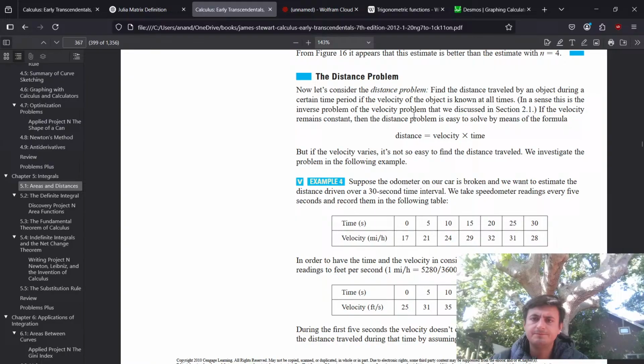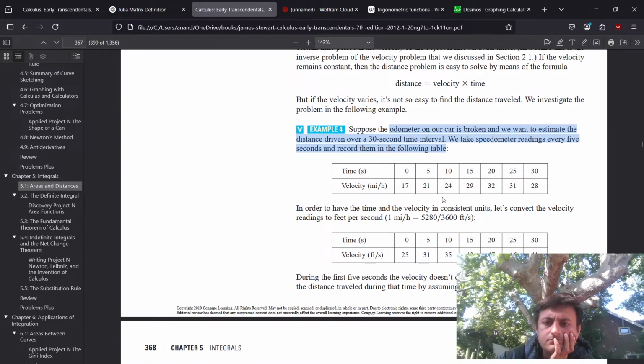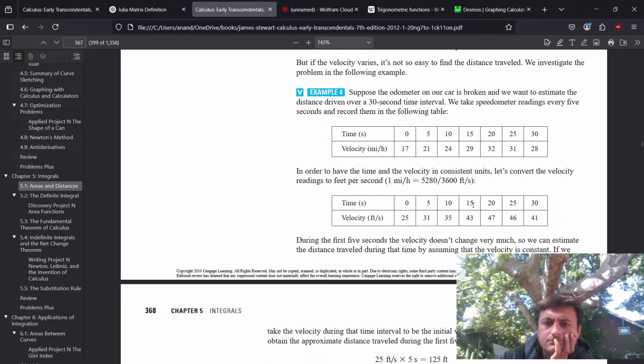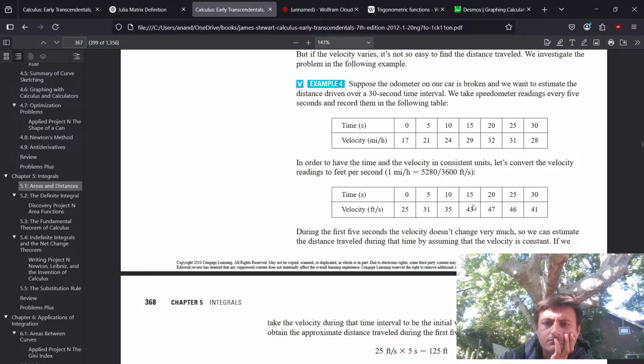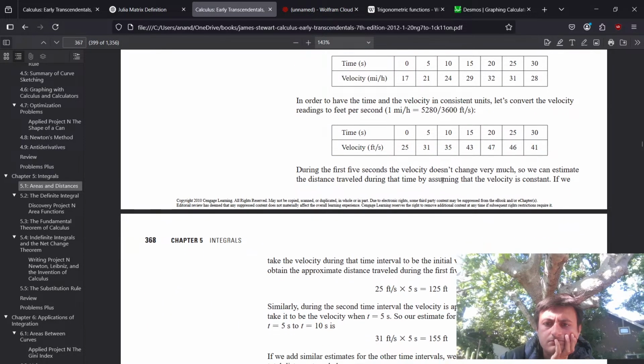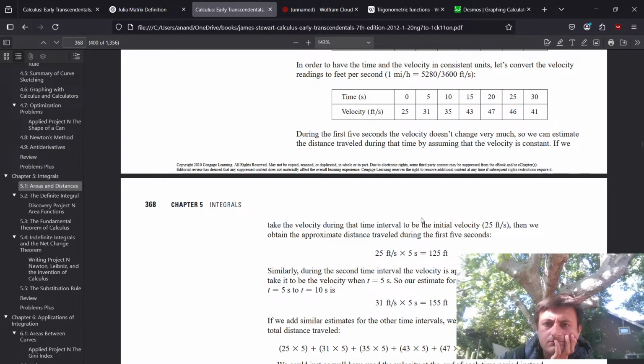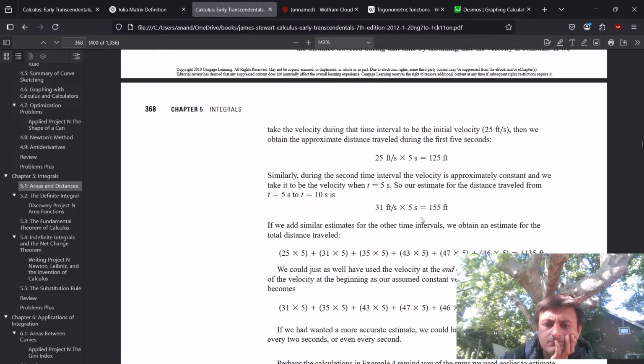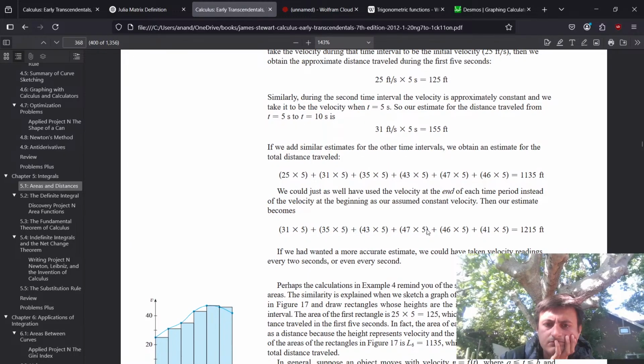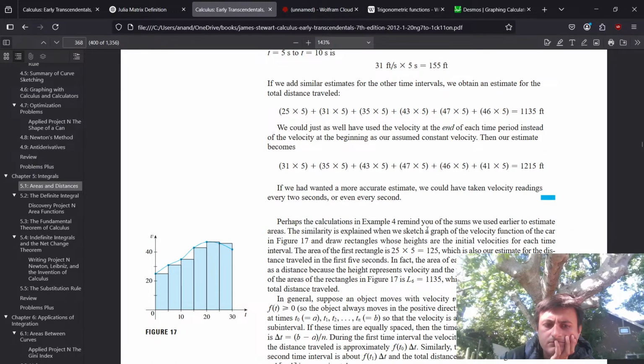Let me read this. Why not? Okay, there's the picture.